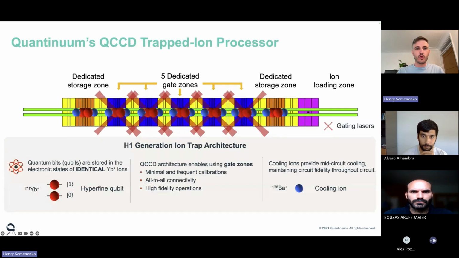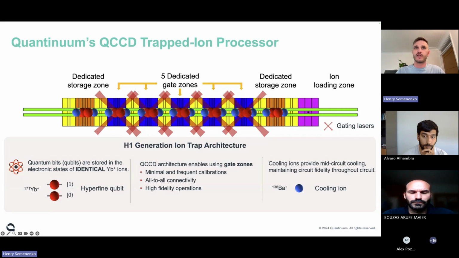To give you a bit more of an idea of what this looks like in terms of our specific hardware, this is a high-level view of our H1 generation ion trap system. The picture at the top is looking down on the trap. We're using a surface trap, separated into different zones with different functions, as I was describing from the architectural point of view.